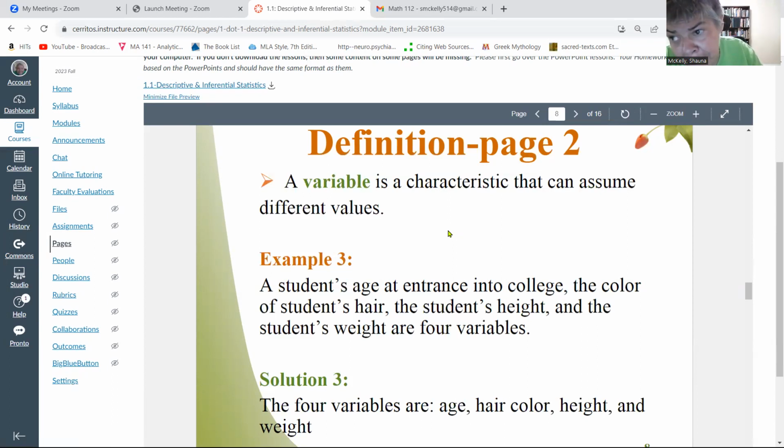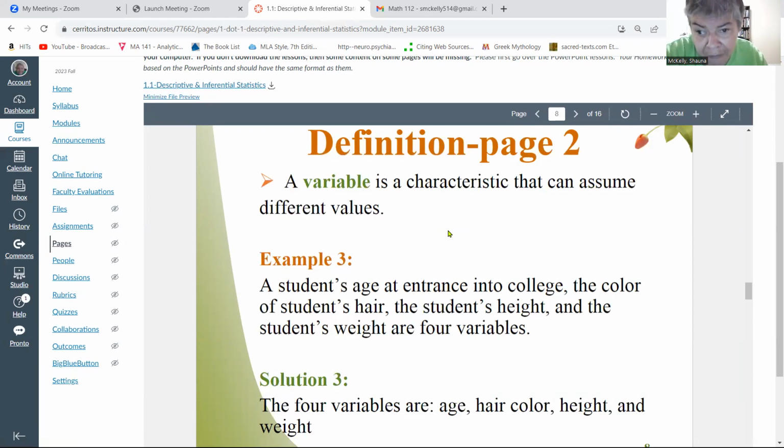We have qualitative, or sometimes we call those categorical variables. You may have heard, if you've had a statistics class before, or you've had some exposure to that, categorical and qualitative are the same term.